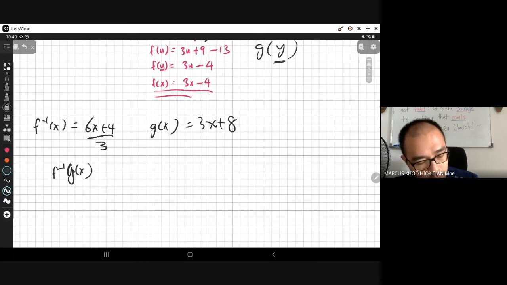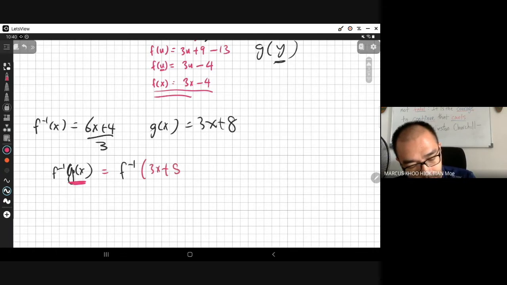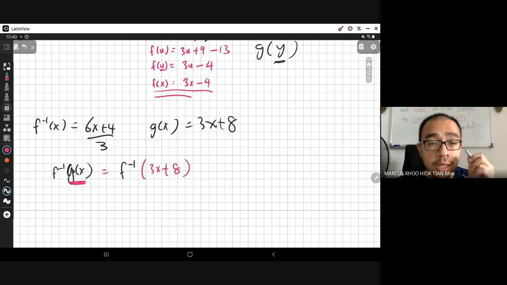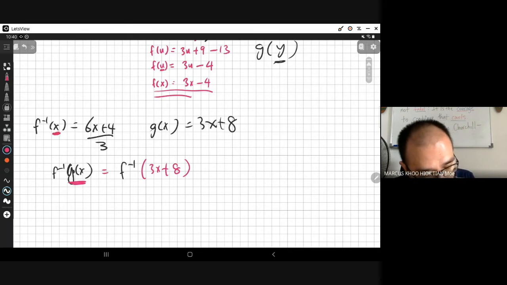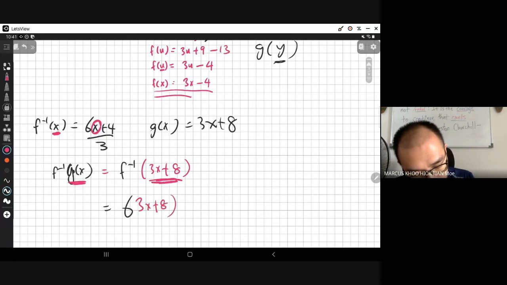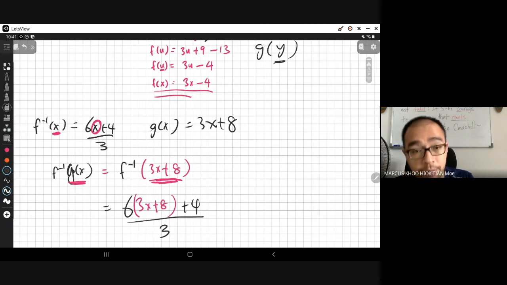The first thing we do is we put the g(x) in. Now remember, everything that is in this bracket must appear in the equation. So this will be 6 times 3x plus 8, plus 4 over 3.